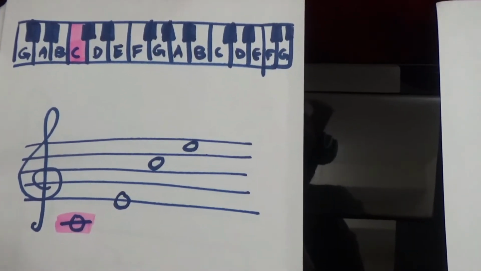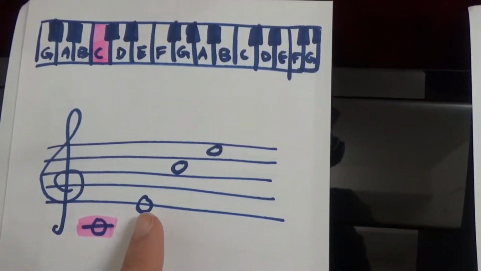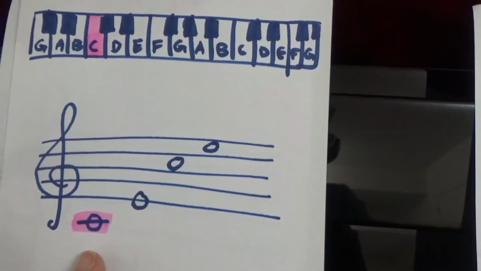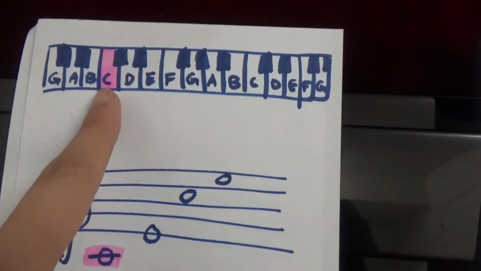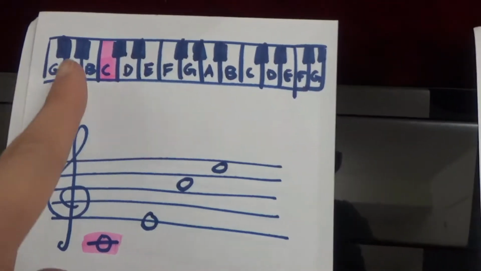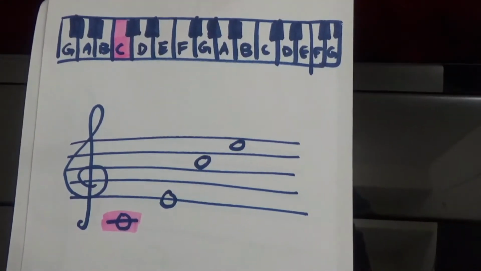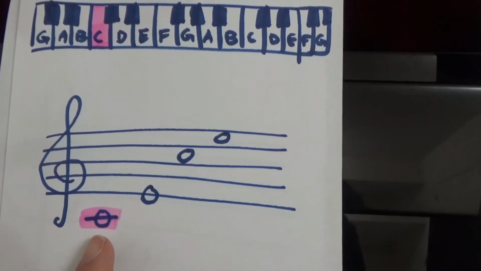And so it makes sense that on the real piano or keyboard, this E would also be close to middle C. Now, we can also see that the note is above middle C, which means it's not going to be anything below middle C. It's going to be one of the E's that is above middle C, okay? Not below, because we can see that on the staff, it is higher than middle C.